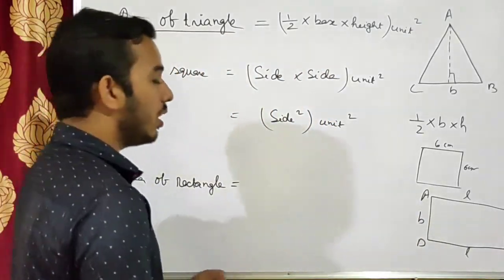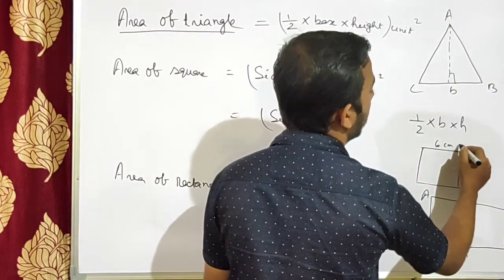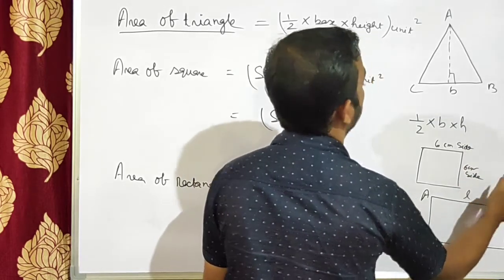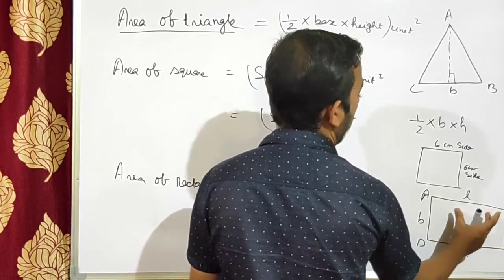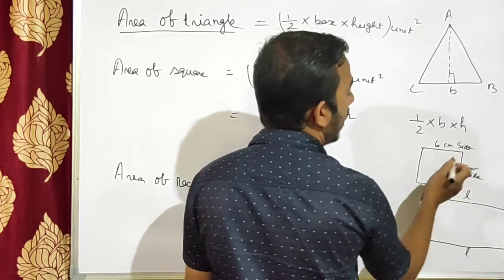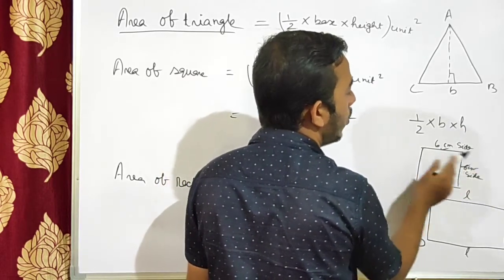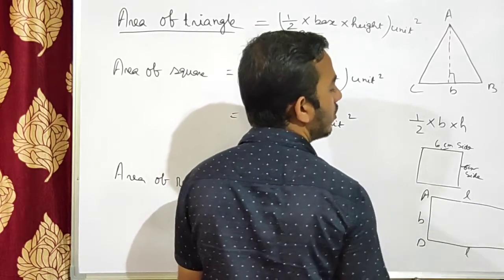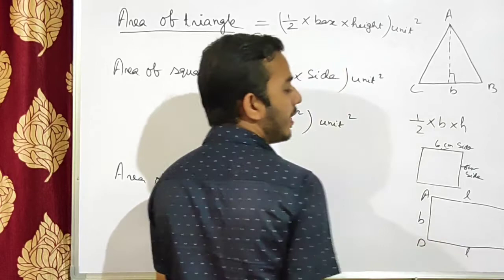Now in the same case, in a square, this is what, suppose this is the side. This is also known as side. But in the rectangle this side is known as length, and this side is known as breadth. Similarly, in a square we have multiplied these two sides, side into side. In a rectangle also we will multiply side into side, but here the names of the sides are length and breadth.